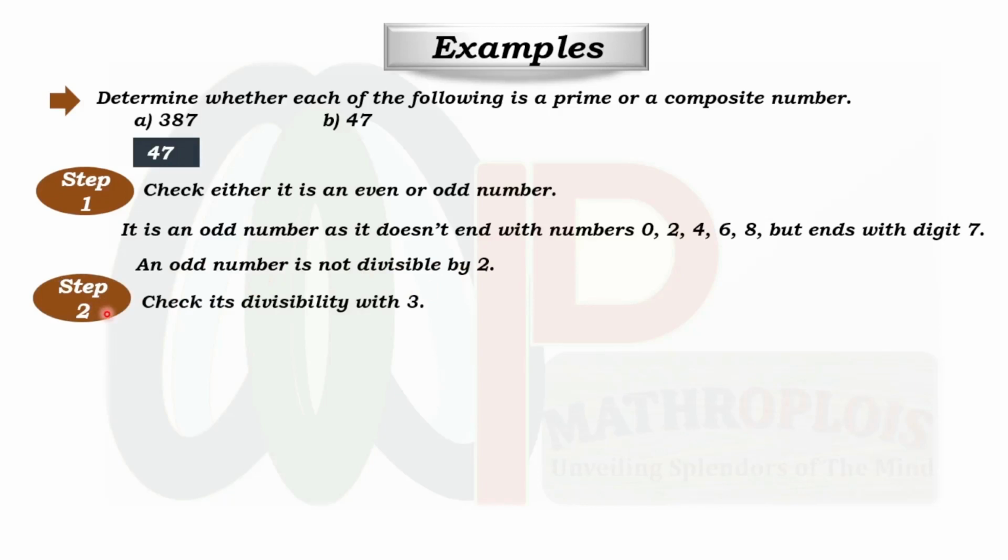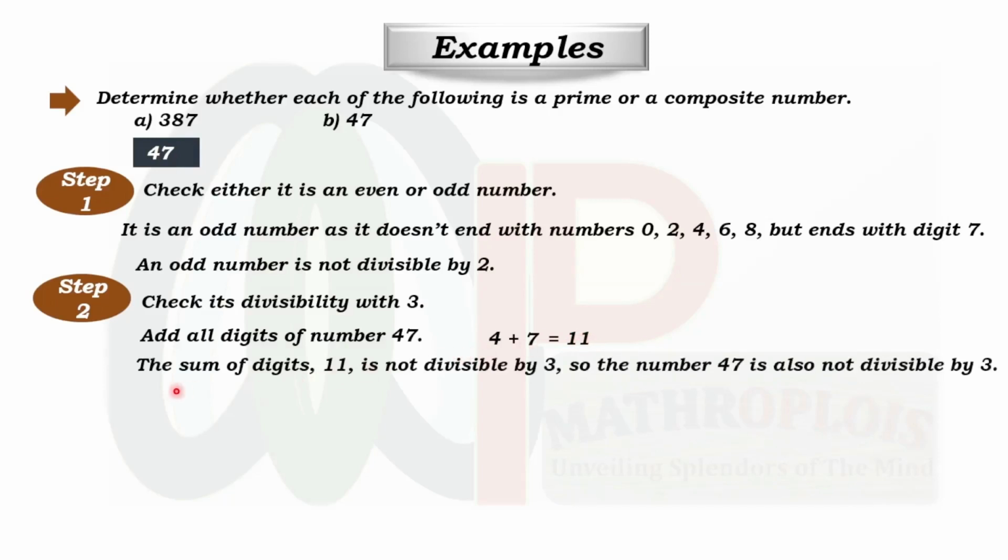In step 2, we will check its divisibility with 3. Add all digits of number 47. First digit is 4, plus second digit 7. The sum of these digits is 11. We can easily confirm that the sum of digits 11 is not divisible by 3. So the given number 47 is also not divisible by 3.